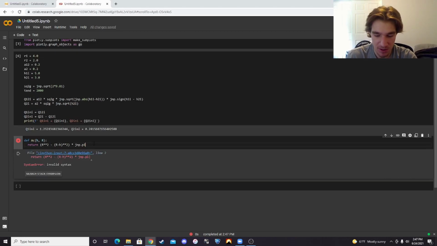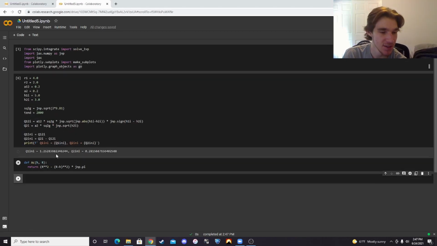And I had a typo there at the end, and that is what we get. So that is our function for the cross-sectional area of the tanks at any height that we choose and any radius. Of course, our radius in this is going to be constant.